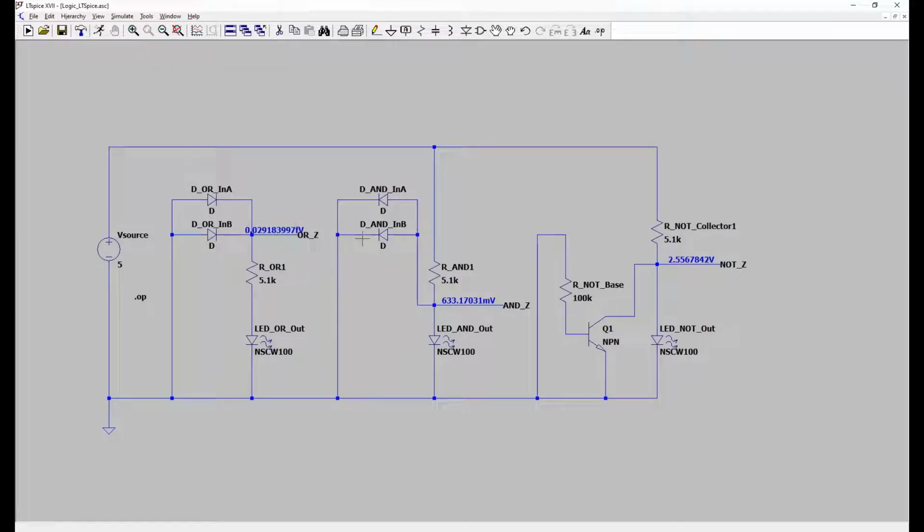Low and low is also low, but in this case we have 0.6 volts.